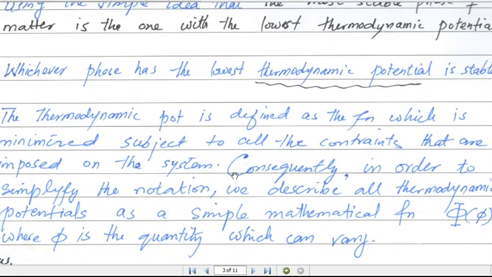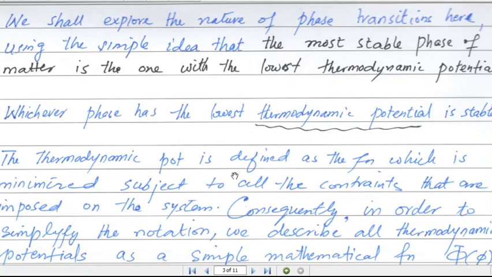So let's move forward and try to understand the nature of this phase transition. In order to understand the nature of these phase transitions, we have to devise some mechanism by which we can explain all types of phase transitions.